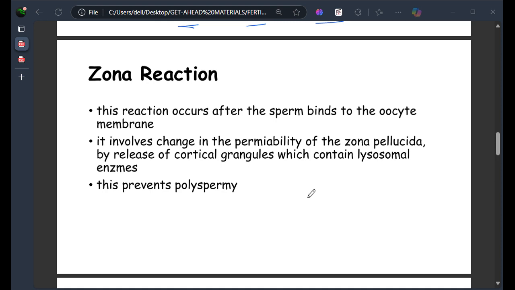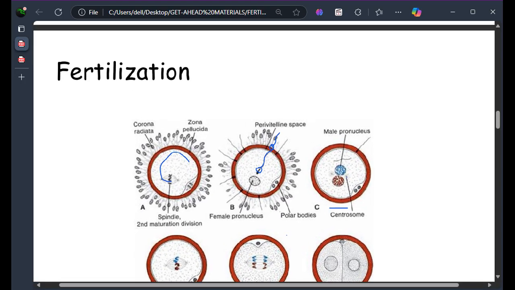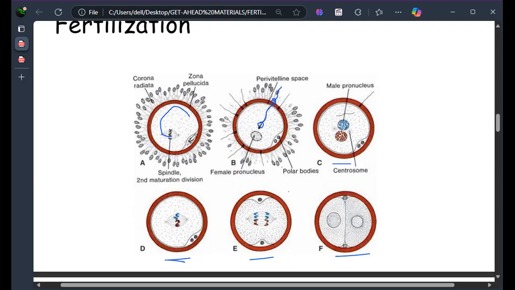So one thing you need to know about a polar body is how it forms. Remember, during meiotic division in oogenesis, one of the oocytes is going to get most of the cytoplasm, and one of them gets very little cytoplasm.